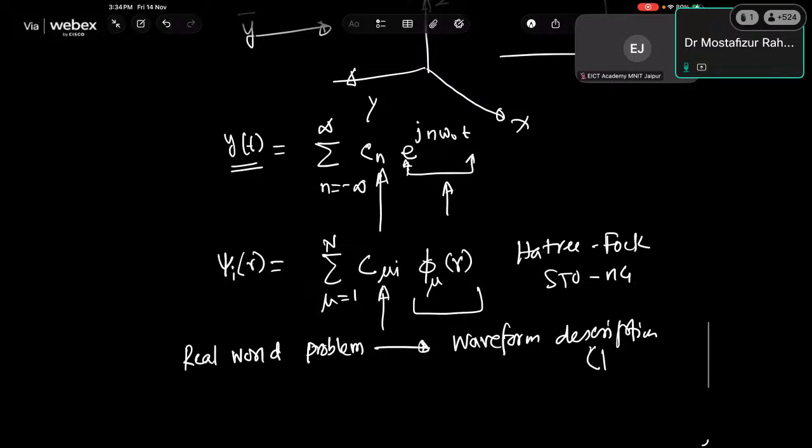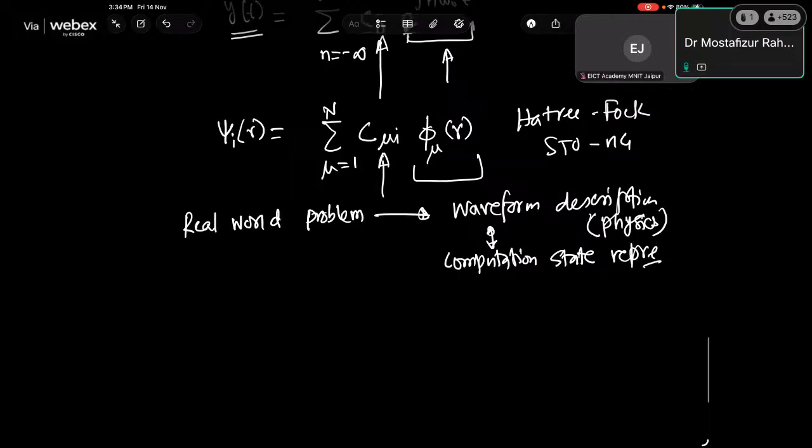This is to understand the physics, or the physical interpretation, or to represent the computational state representation. State representation, that is what we call the quantum encoding part. So this is important.